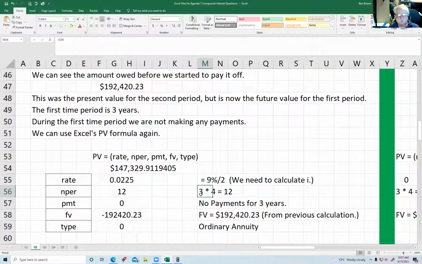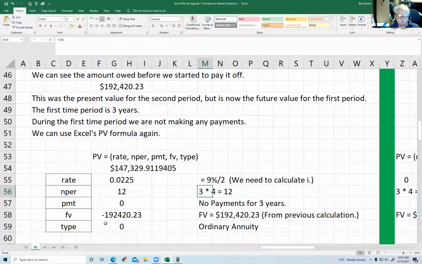For this time period, it's 3 years, but quarterly, so 12 periods. During this time, there are no payments, and the future value is the amount of money we need to pay off. So I've made this negative. Not really sure if it should be negative.